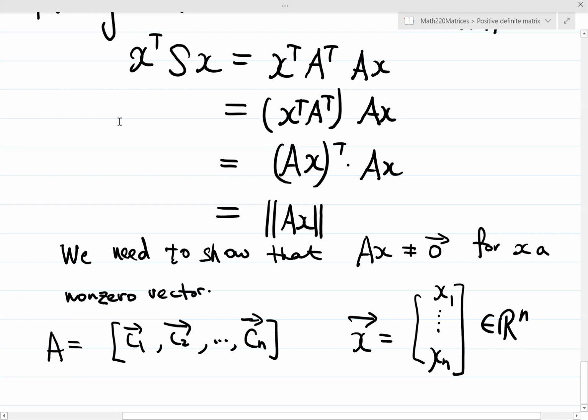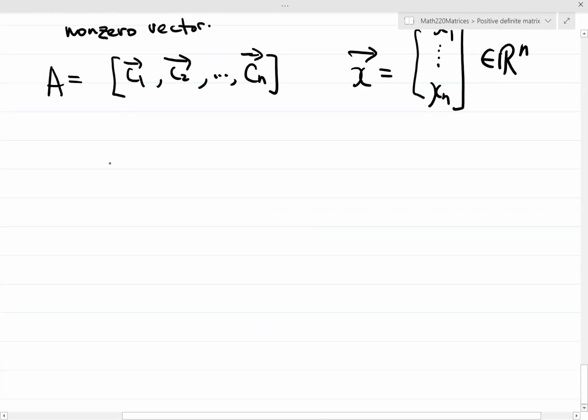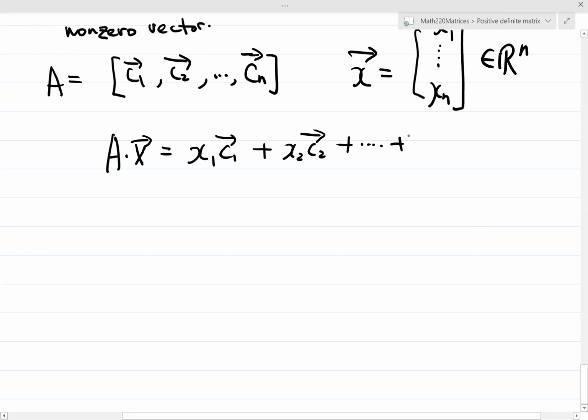Then Ax is x1 c1 plus x2 c2 plus up to xn cn. We want this to be non-zero.